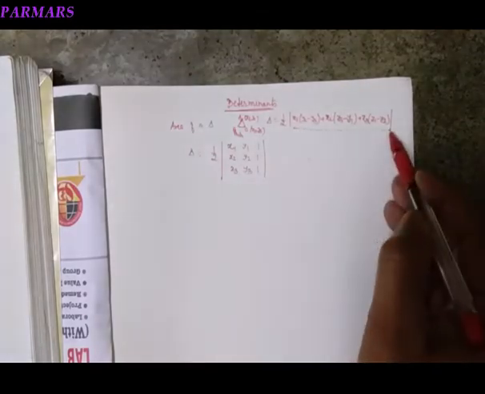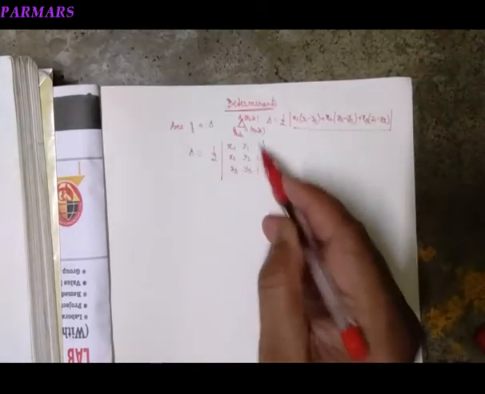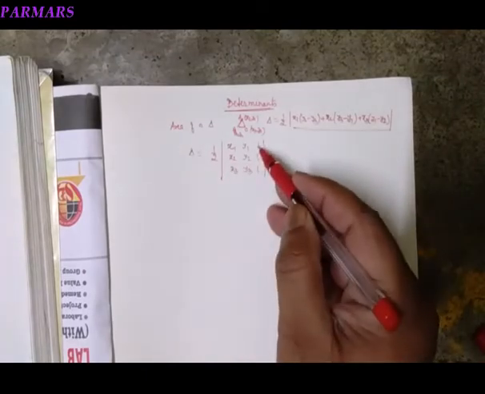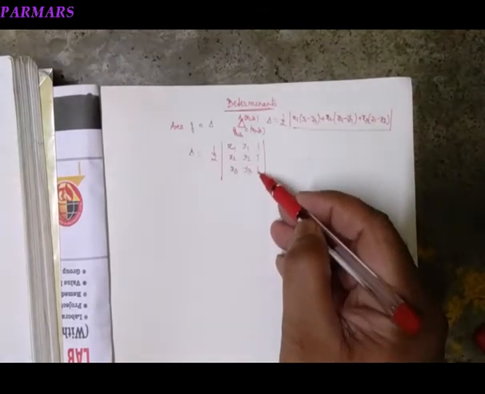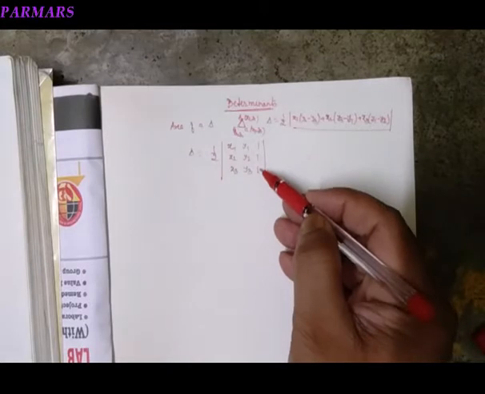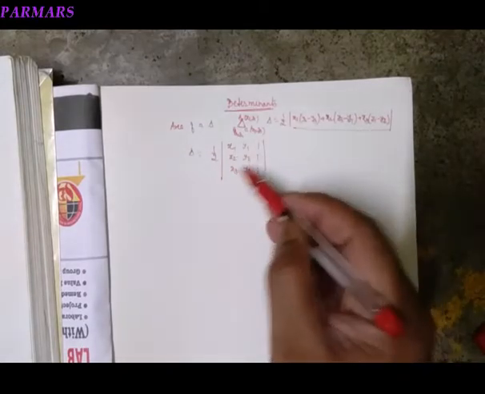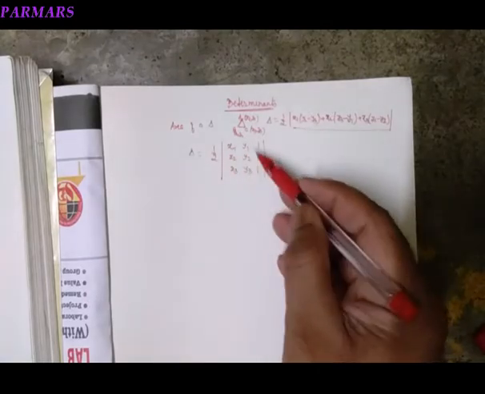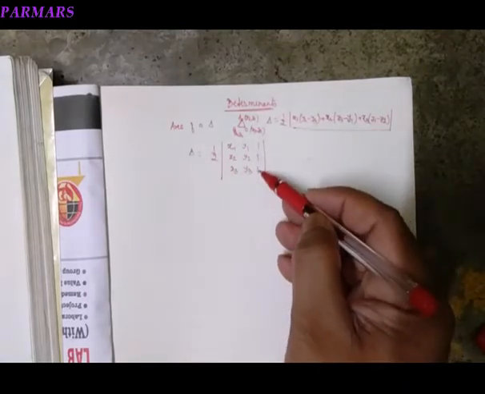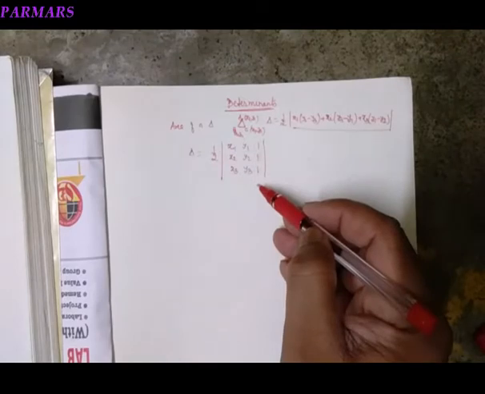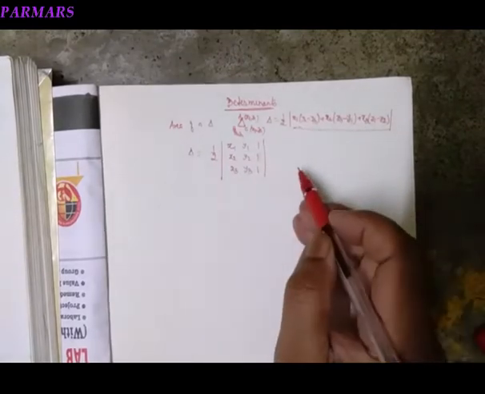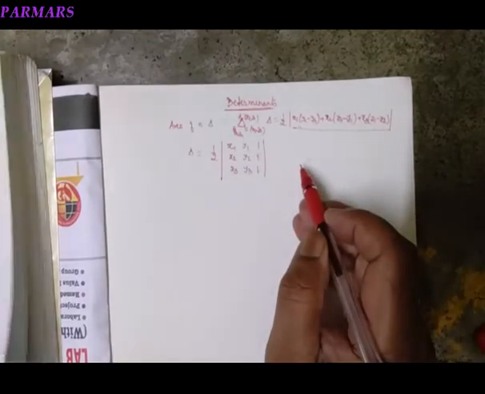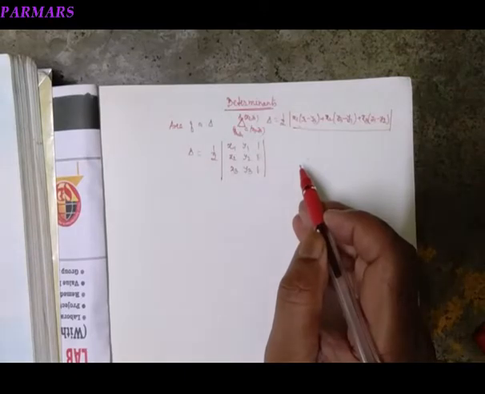In 1 mark you can use it directly, but in 2 marks you have to show the steps. Here you find 1 1 1 in column number 3, so make 2 elements of column 3 zero by operating R3 minus R1 and R2 minus R1. You will get 2 zeros and then expand along column number 3. You will get the same result.